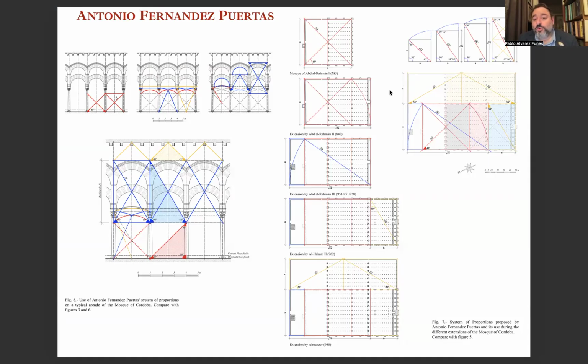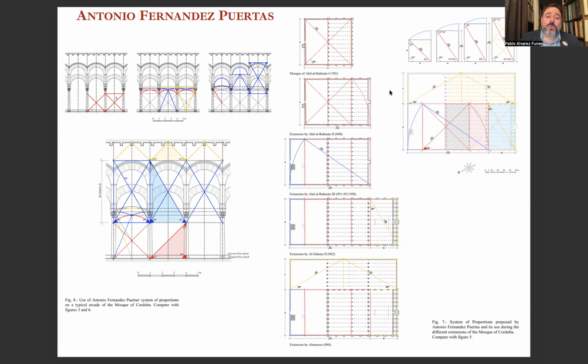Then the square root of 2 was the extension of Abd al-Rahman I, which we don't know very much about, but there it goes. Then there was a square root of 3 for the other extension. Then there was a square root of 4 at 30 degrees to do the final one, and then two other ones at 30 degrees. So it's a very geometric method to design it.